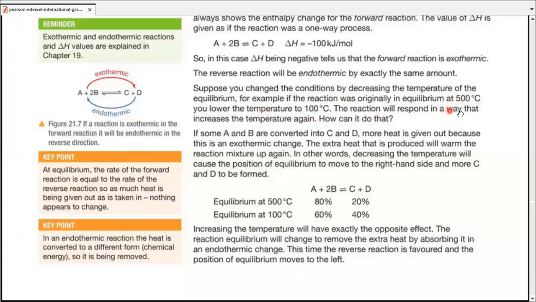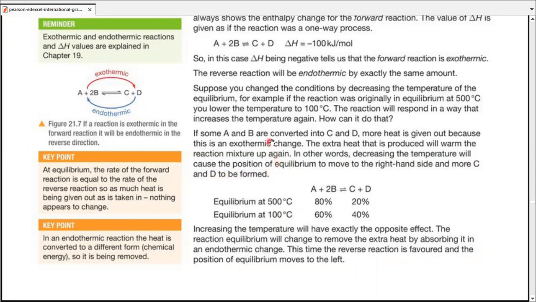The reaction will respond in a way that increases the temperature again. How can it do that? If some A and B are converted into C and D, more heat is given out because this is an exothermic change. The extra heat that is produced will warm the reaction mixture up again. In other words, decreasing the temperature will cause the position of the equilibrium to move to the right-hand side and more C and D would be formed.